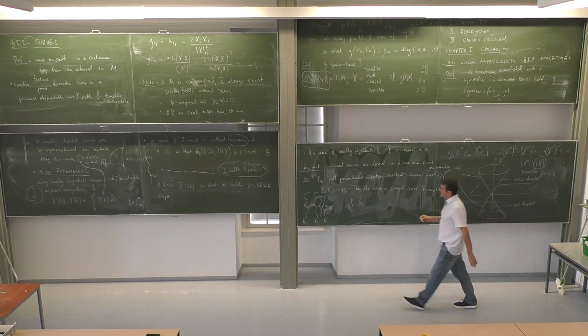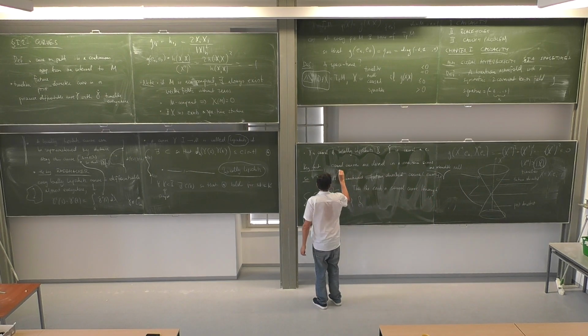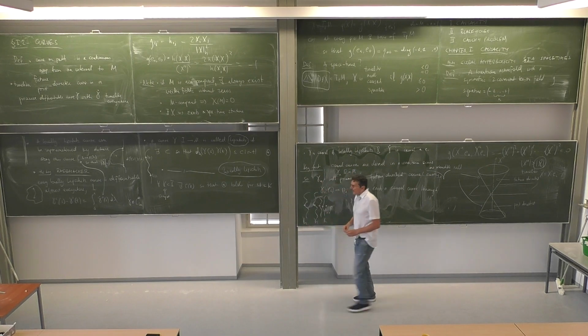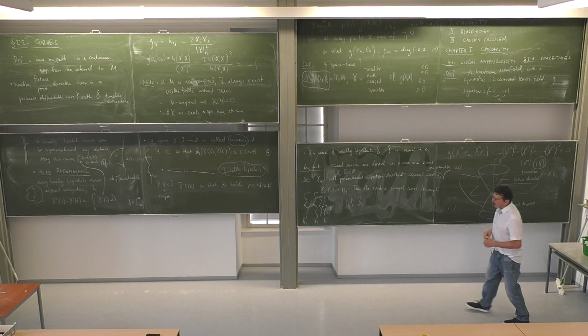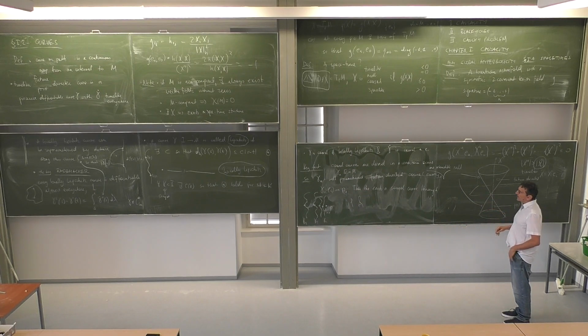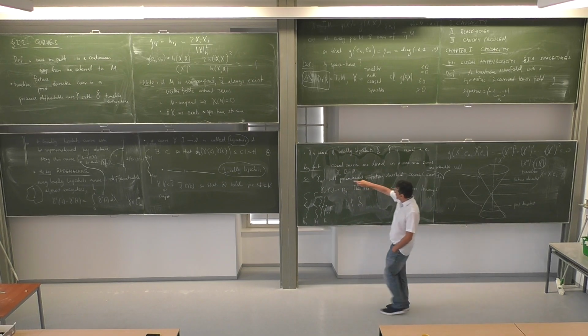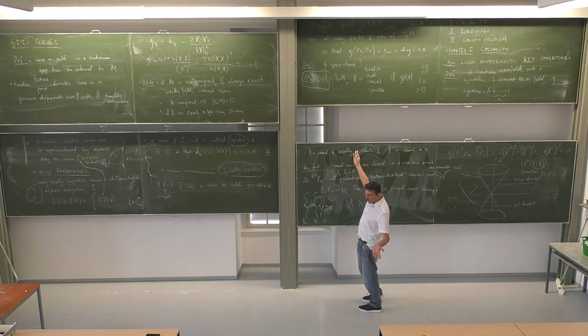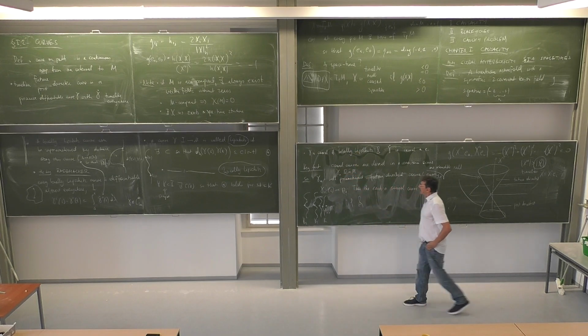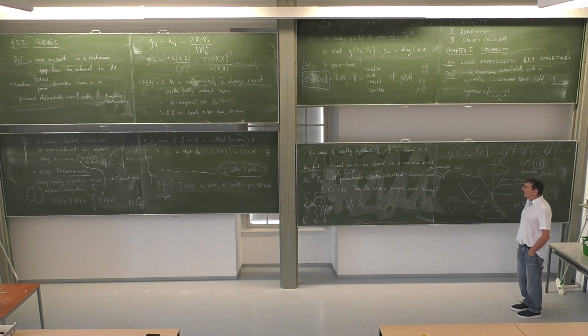So the gamma n's being inextendable means that they're defined from R to M. So the parameter range on which they're defined is not only an interval, but they're inextendable, so you cannot go further than this. They're defined from R to M.